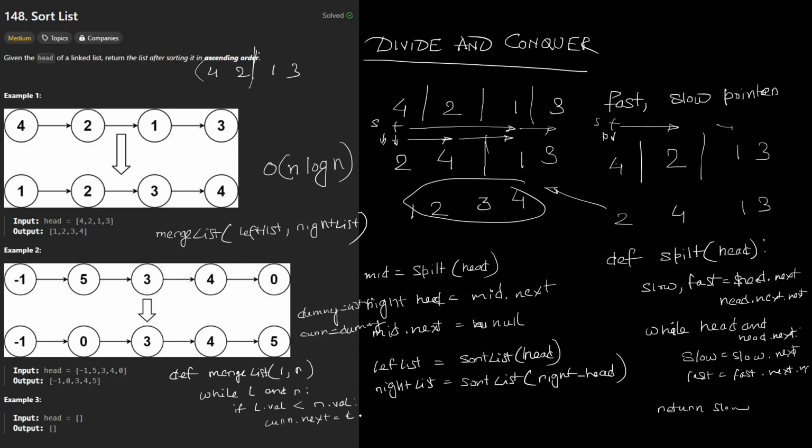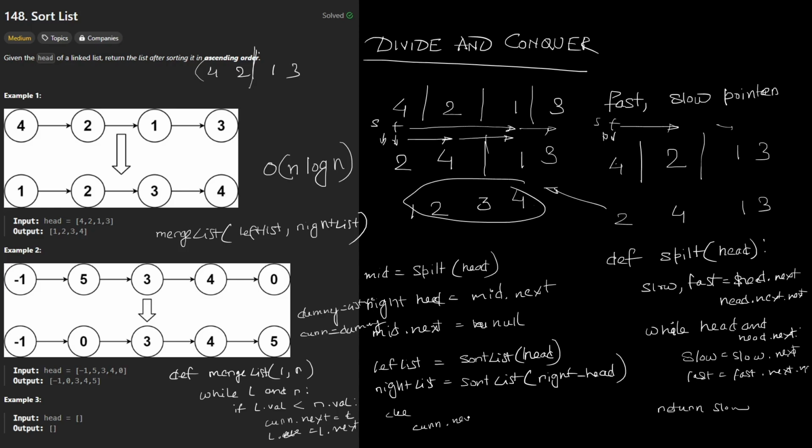L, and then I can say L equal to L dot next, and similarly I can say else, means if R is lesser, it will be added.